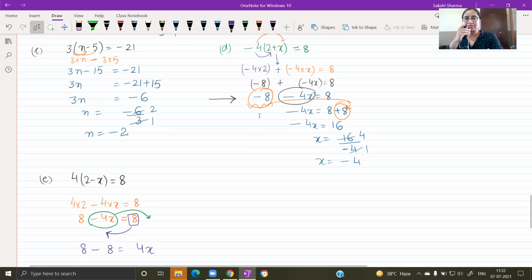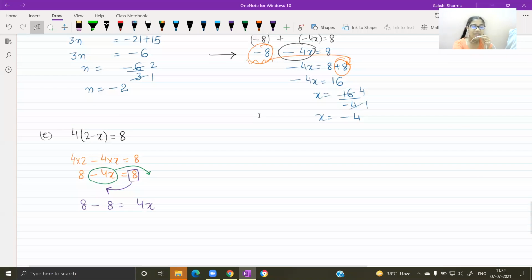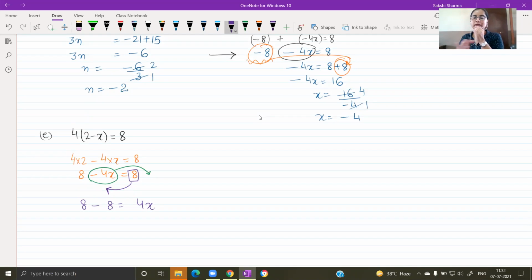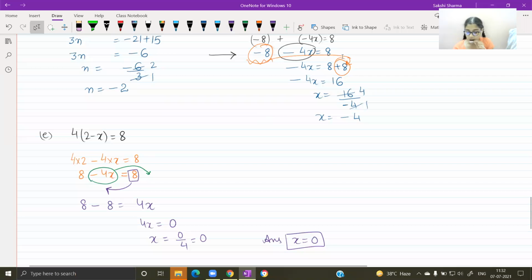That's correct. You can swap the sides. If you have written something on the left hand side, you can write it entirely on the right hand side, exchanging the two sides. So 4x is equal to 0, x is equal to 0 by 4, which is 0. 0 divided by any number, the answer is 0. Ma'am, can I tell you how I did C part?